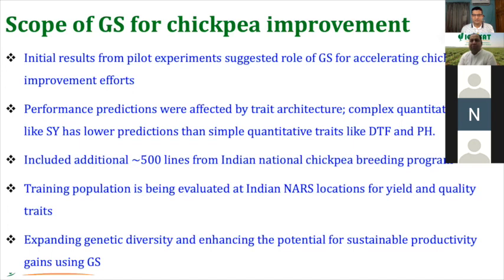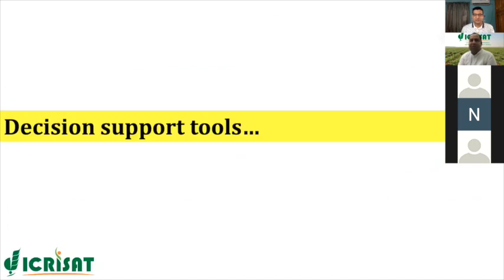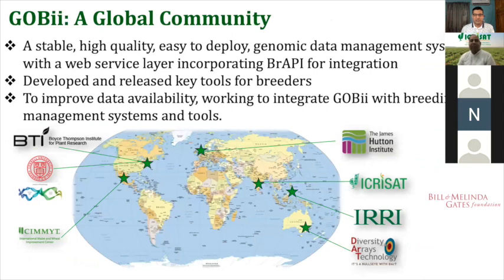So this is about genomic selection, and this comes to the last point, the decision support tools, as I mentioned. I mentioned briefly about the GOBii. This is the Genomic Open-source Breeding Informatics Initiative. This is a global community and a Gates-funded project which was led by Cornell University and 3 CG centers, ICRISAT together with IRRI and CIMMYT. GOBii focused on 5 crops: chickpea and sorghum from ICRISAT, rice from IRRI, and wheat and maize from CIMMYT.